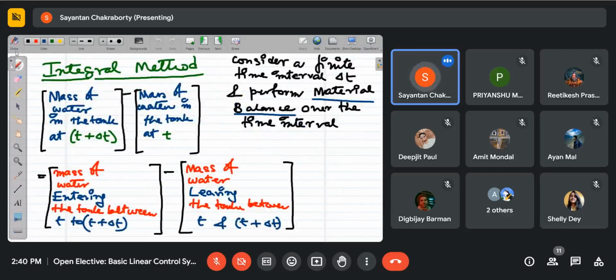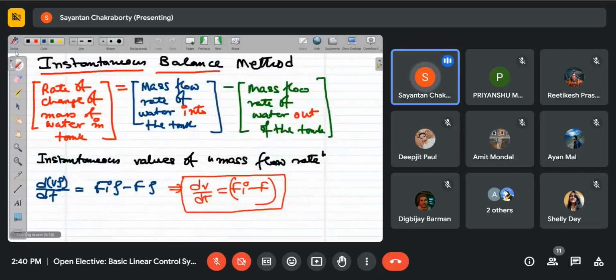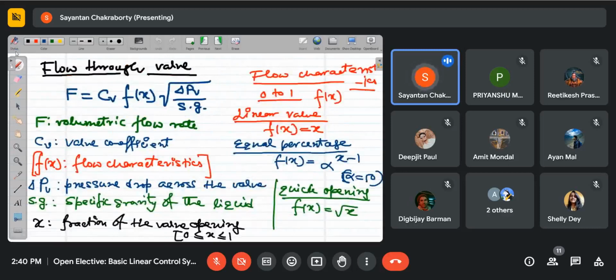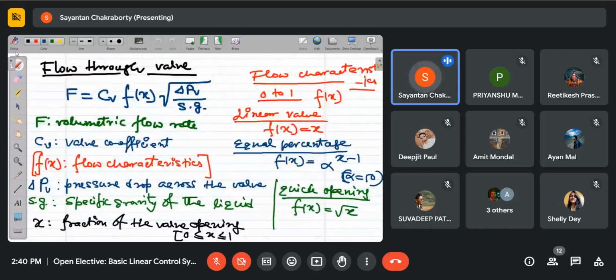One is the integral balance method. Another was the instantaneous balance method. And finally, we saw that although the equations seem very trivial, there is a catch that this relationship invariably involves a nonlinear function, right?